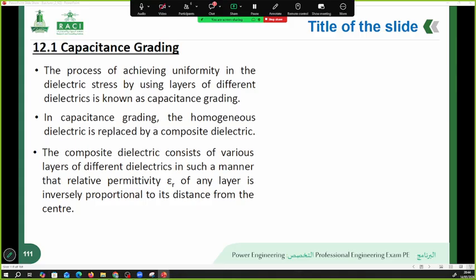These materials are chosen and arranged in a specific way. The relative permittivity epsilon r of each layer is inversely proportional to its distance from the center of the cable. This means that the layer closest to the conductor has the highest permittivity, and the layers further out have progressively lower permittivity.